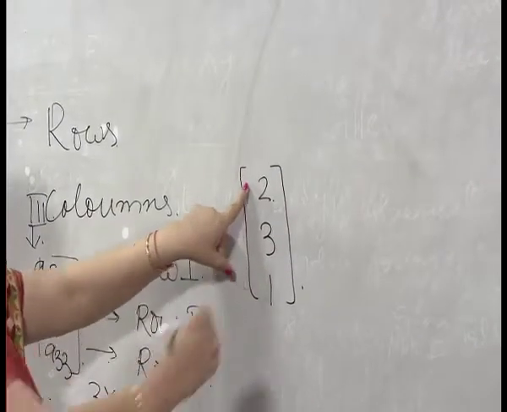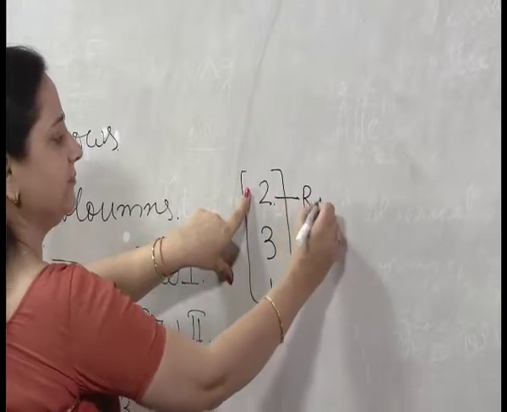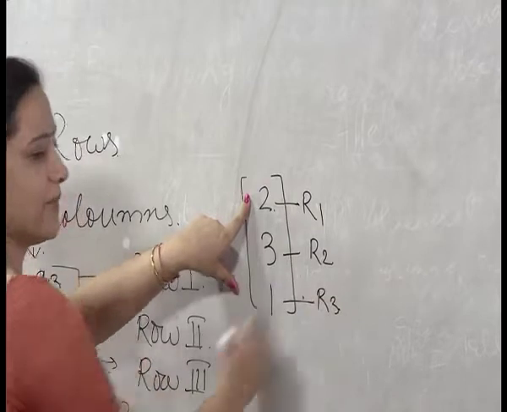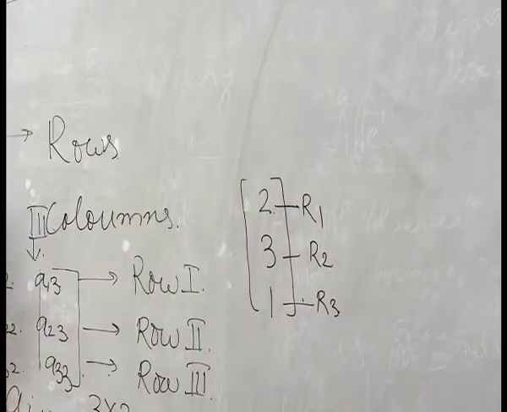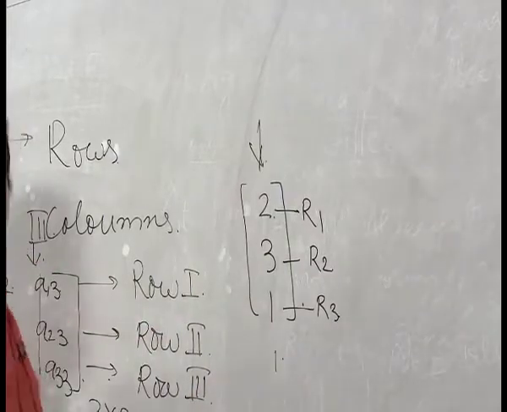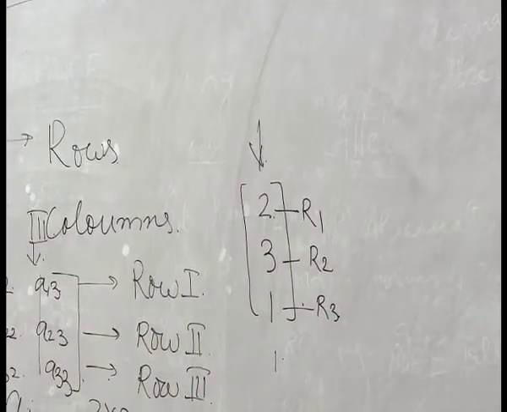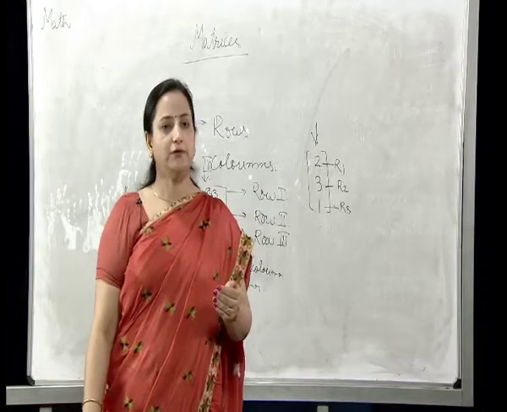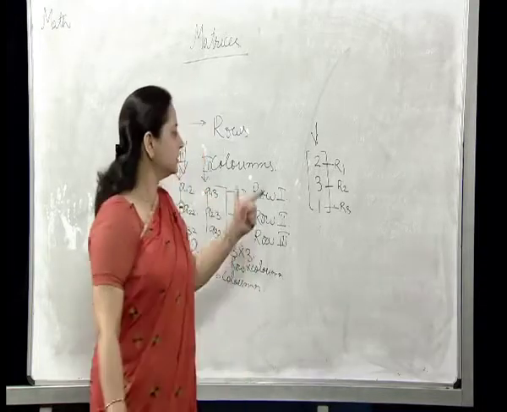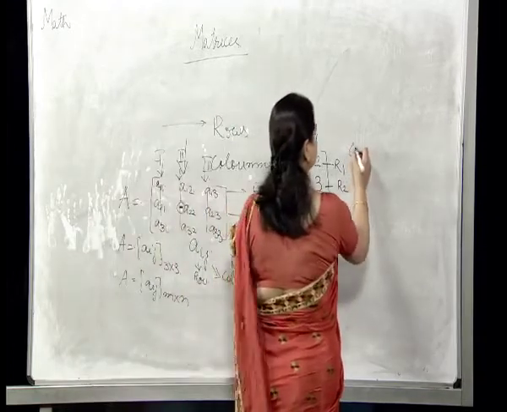It has 3 rows, R1, R2 and R3. And how many columns does it have? It has only 1 column. That means if in any matrix you have n rows and only 1 column, it is called a column matrix.